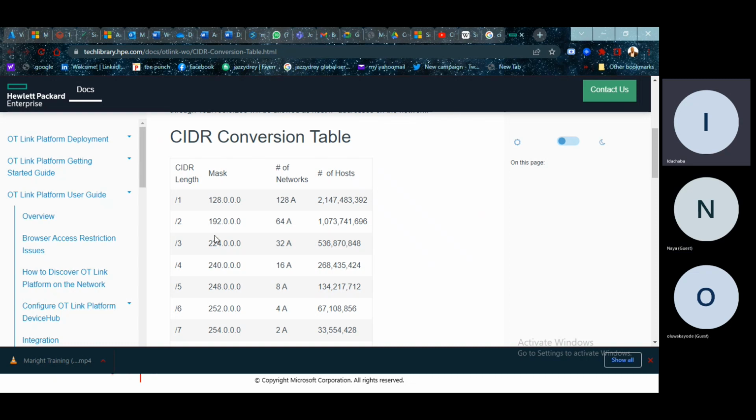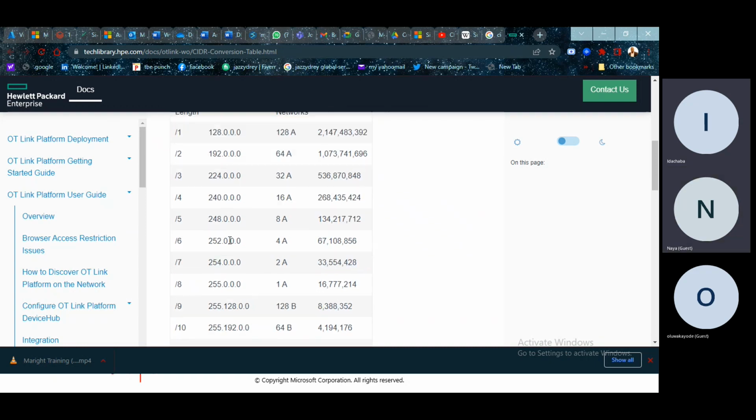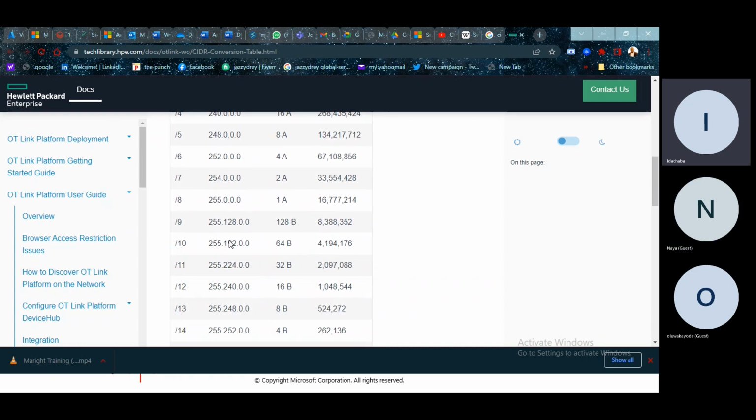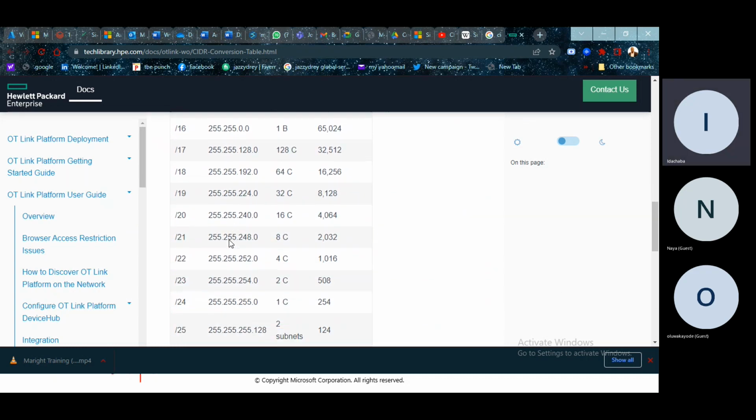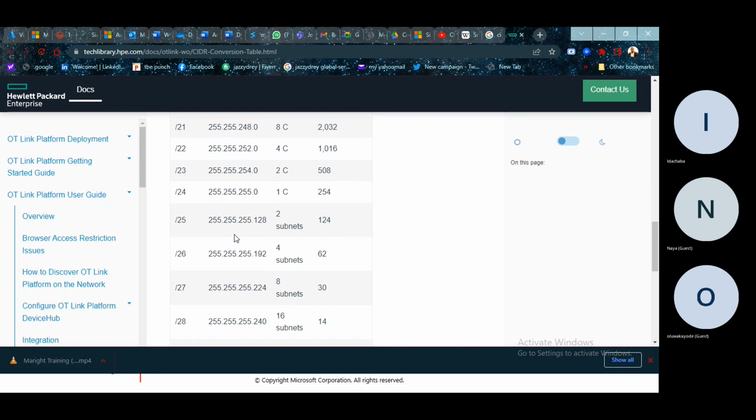So that brings us here. Naya, can you hear me? Yes, sir. So, for example, if you now decide to break, that is where your subnet mask comes in. This is what you were talking about the other time, which is 255.255.